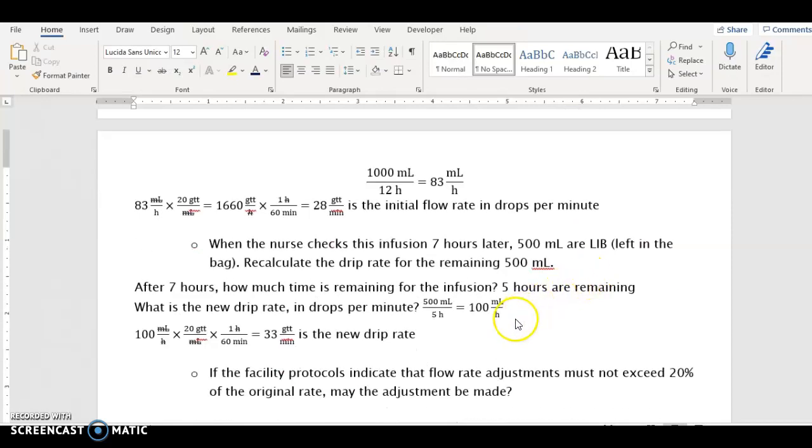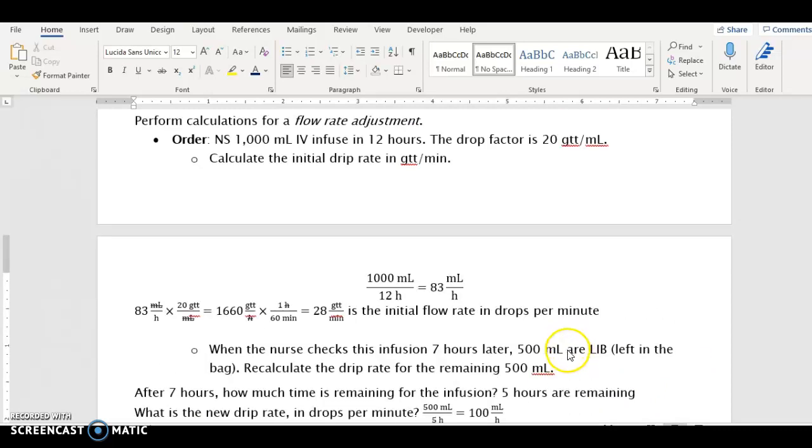In the last part of the question, it says, if the facility protocols indicate that flow rate adjustments must not exceed 20% of the original rate, may the adjustment be made? There are a couple of ways you can approach this, but an easy way is to figure out what 20% of the original rate was.